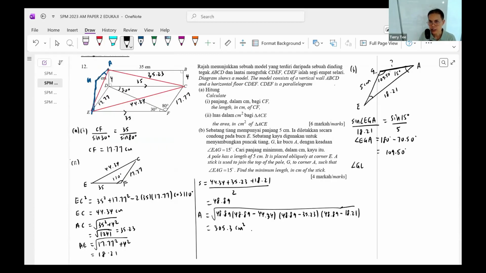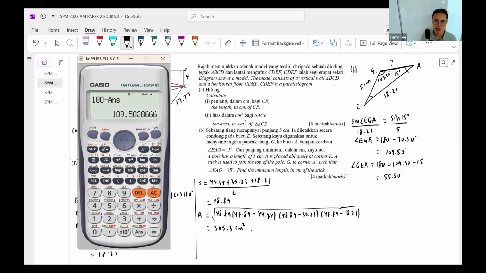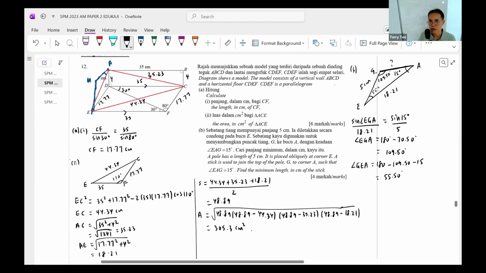Angle GEA should be 180 minus 109.5 minus 15. That'll be 55.5. Is that so? Basically, I take 180 minus 70.5, then you minus another 15, 55.5. Okay? All right.